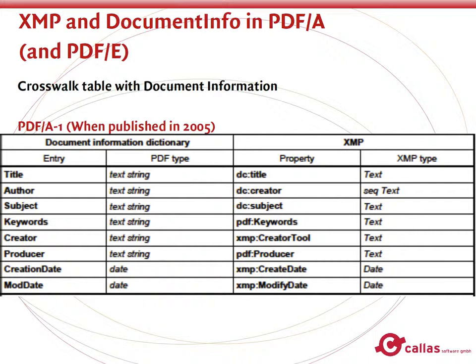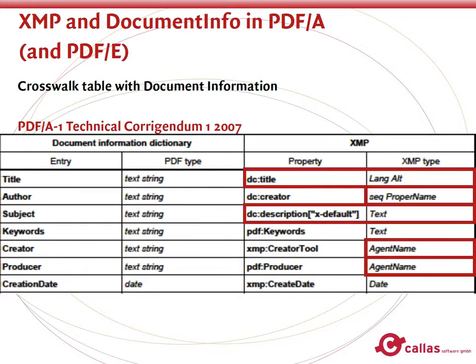So the values of the properties on the left-hand side, for instance the title in the first row, need to match the title, the dc:title entry in the XMP. That was PDF/A-1. And this is a technical corrigendum two years later, because some things just went wrong in the first crosswalk table, and I have marked the differences in red here.